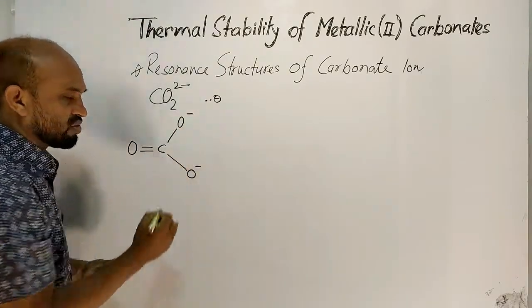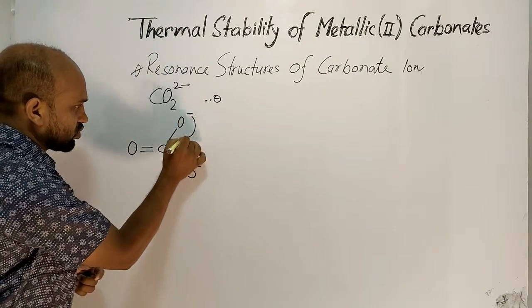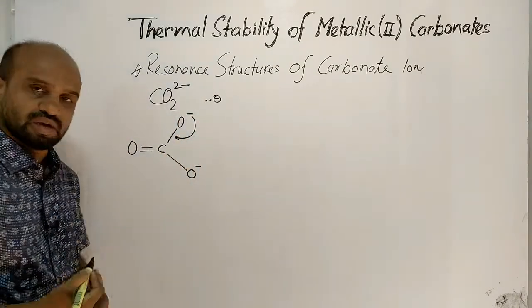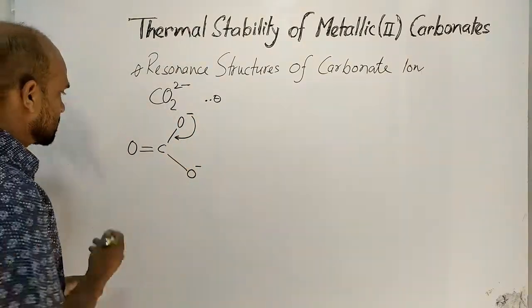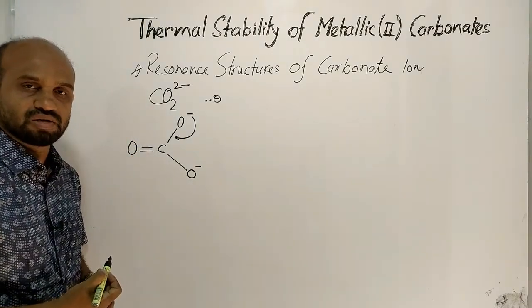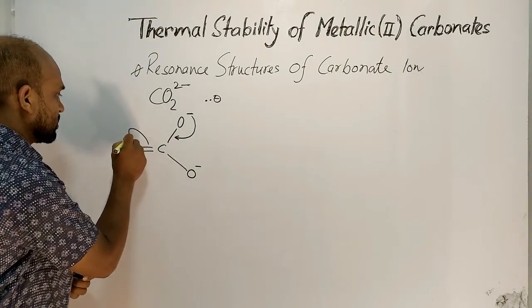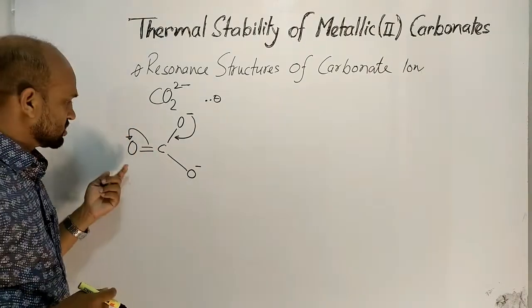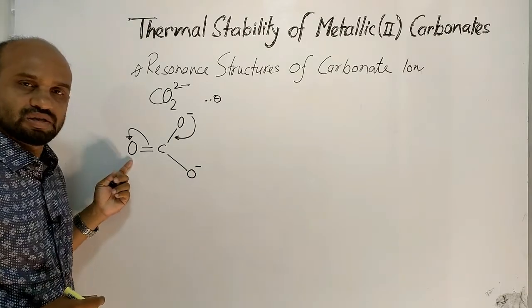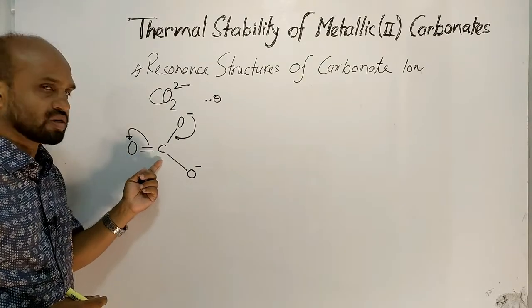This pair of electrons turns into bonding pair, and at the same time this bonding pair of electrons turns into lone pair of electrons, because here the electronegativity of oxygen is greater than carbon.